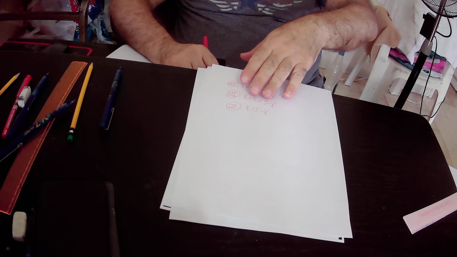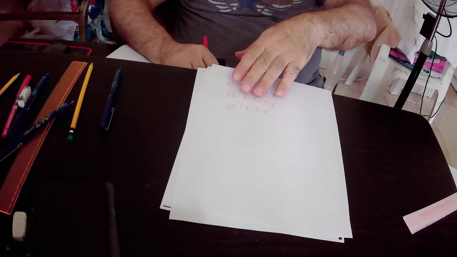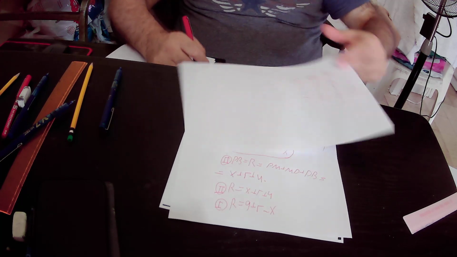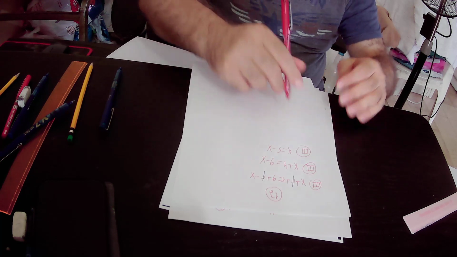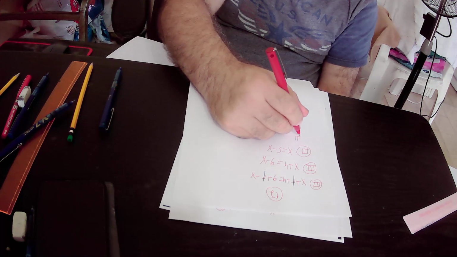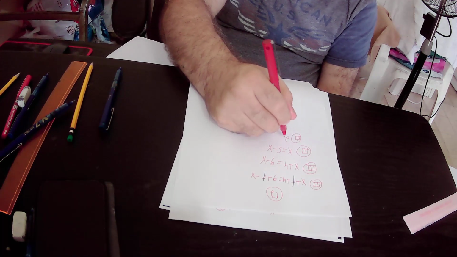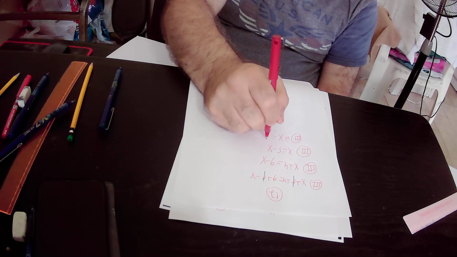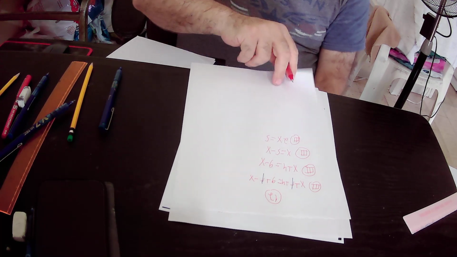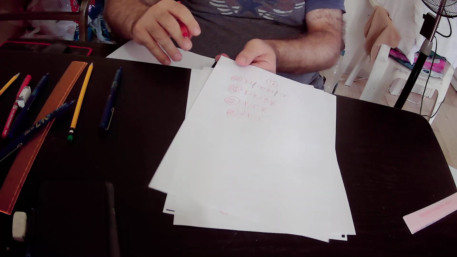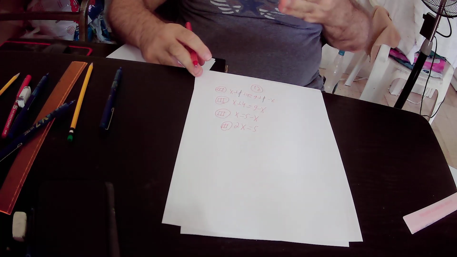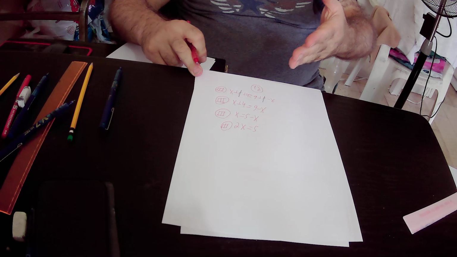Here we will add x to this equation, and we will get that 2 times x equals 5. Okay, we got the equality that states that 2 times x equals 5.